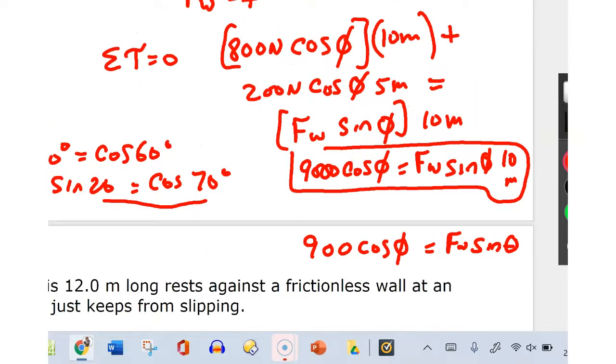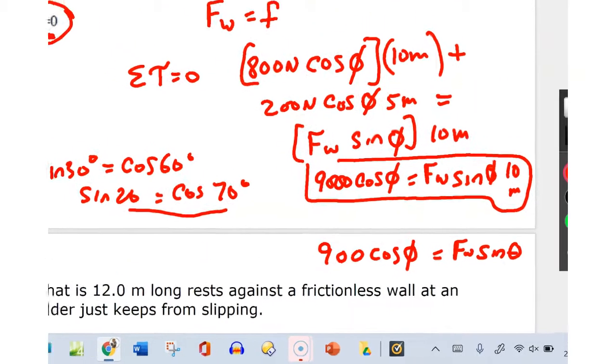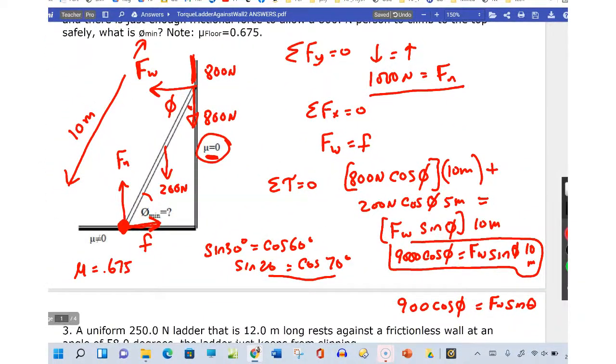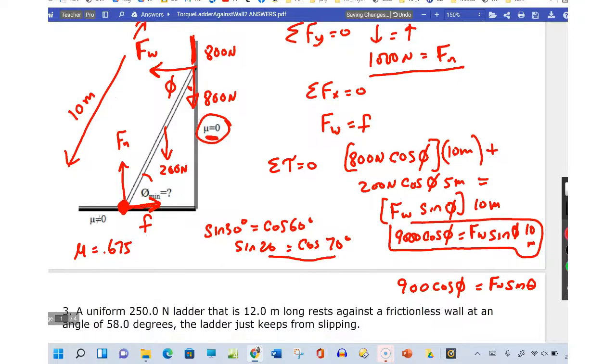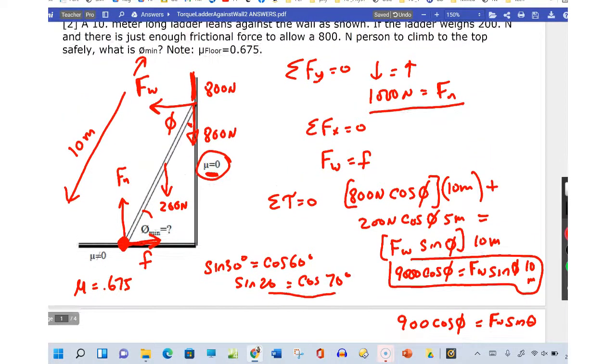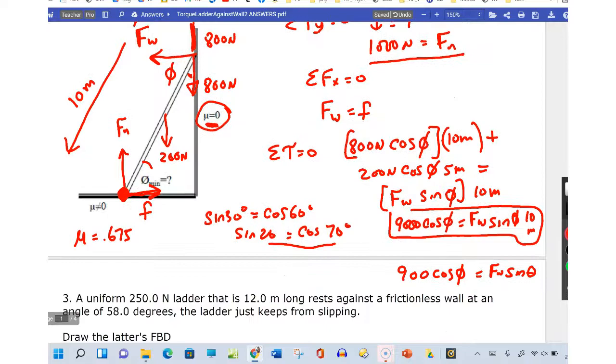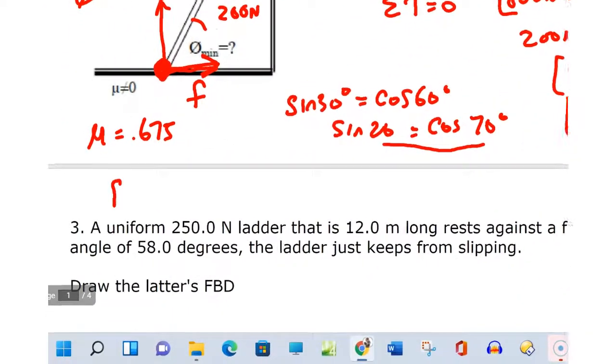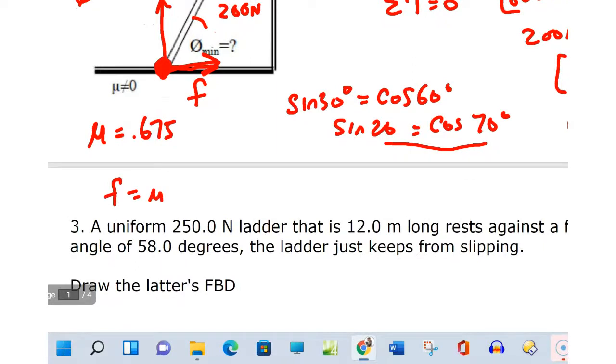Now we're told, I didn't put this in the picture, but I should have, this coefficient of friction is 0.675. So now, what's so good is I know the normal, and I know the coefficient of friction. So friction equals mu times normal. So I can actually find the friction.